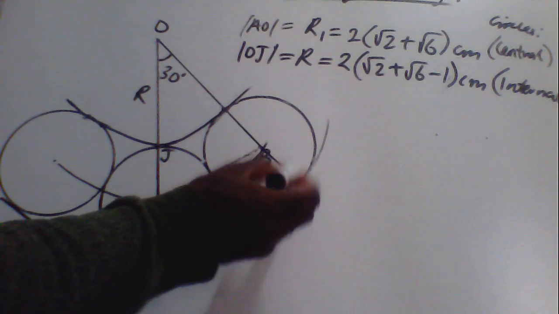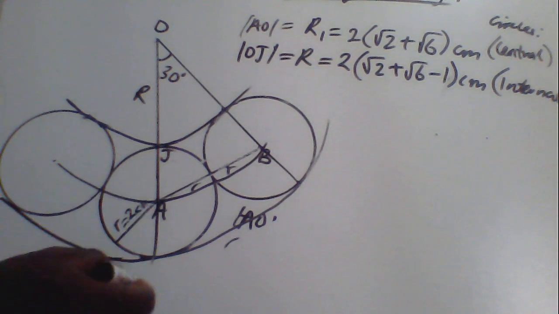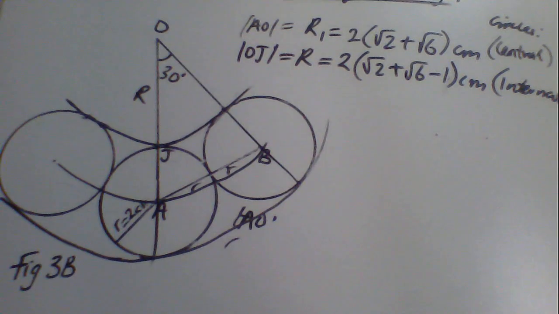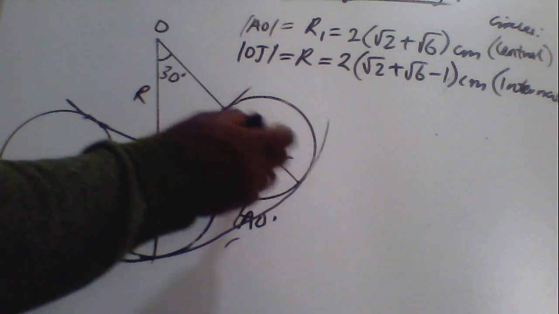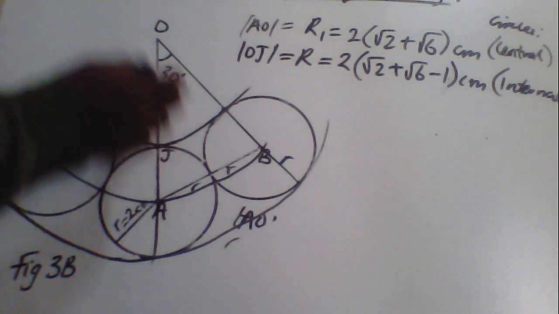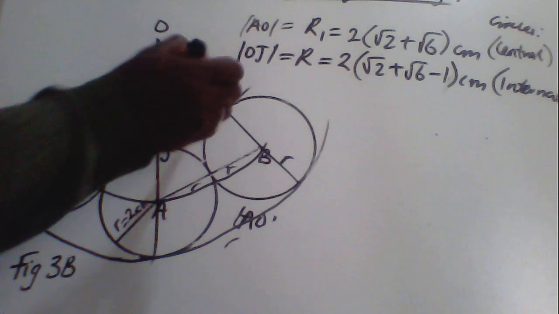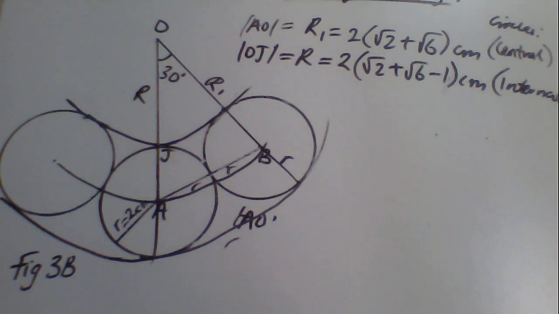Notice that it will touch it at only one point. That is what I'm trying to show you, so that we have another r here, and then we have OB, which is equal to R1, the central radius of the circle drawn centrally.